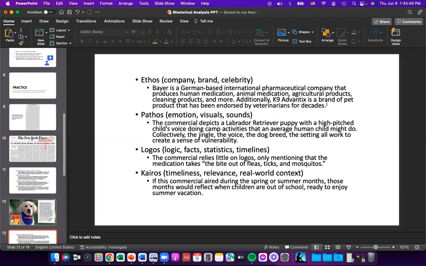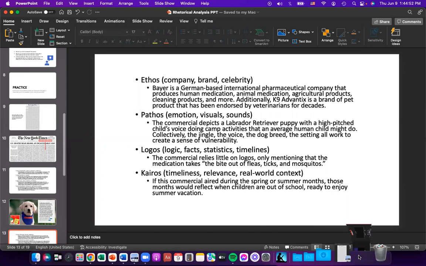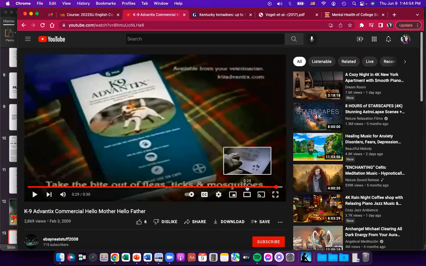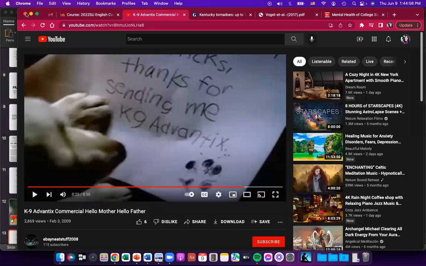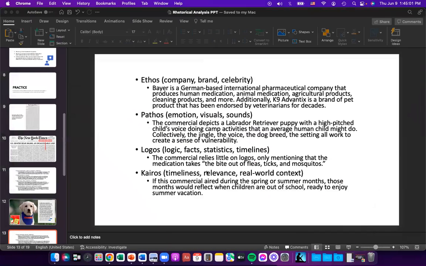All of that is very intentional, to the very sweet little paw print at the end. Everything has meaning, and the sweet little handwriting as well. Everything has meaning. Everything has been manipulated to make you feel a certain way.